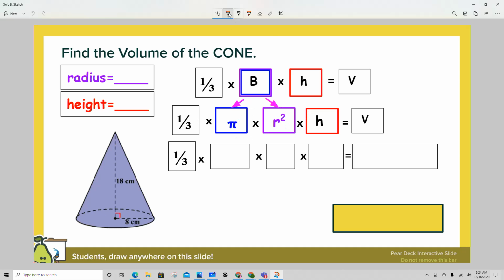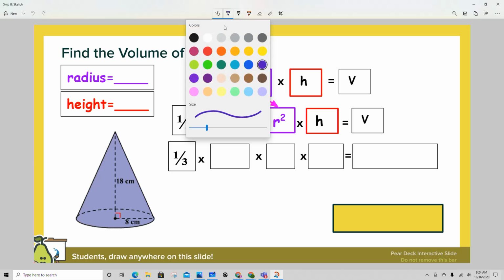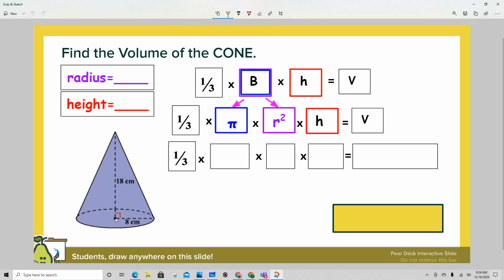So let's go ahead and label what we know, and then we'll use our calculator to get the answer. So the radius for this cone, remember, radius goes from the center to the edge, so that's how I know that's the radius. And the radius is going to be 8 centimeters, okay?